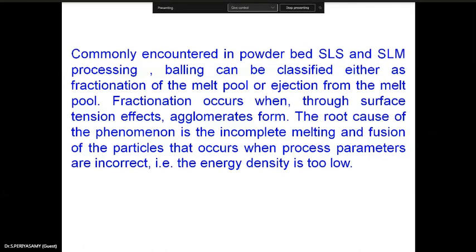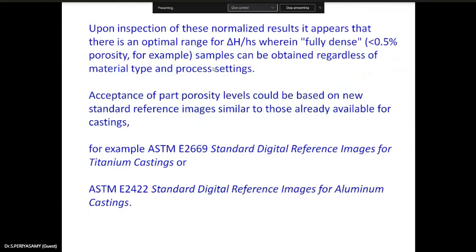The acceptance of porosity level would be based on new standards, reference images similar to those already available for casting. So the images we are taking from this SEM, thermography, will be compared with the already existing ASTM standards. So here, for titanium casting, the ASTM standard is E2669.